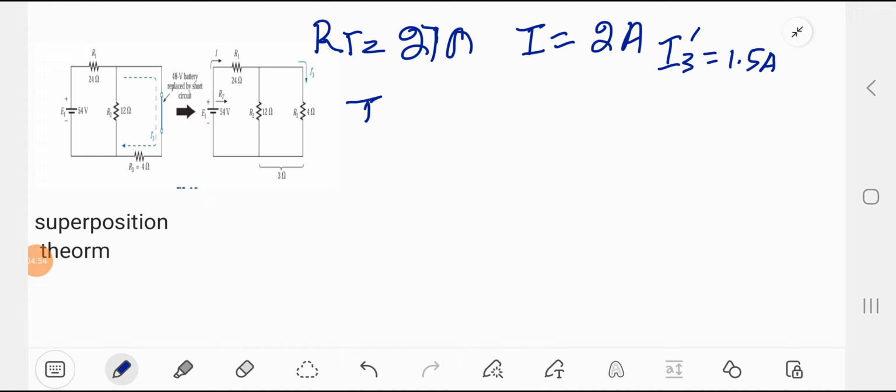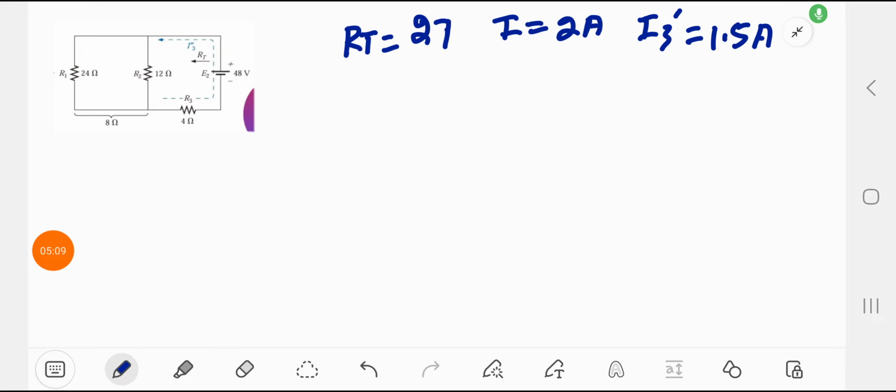Now if we remove the impact of the E1 potential and consider the E2 potential, our circuit will look like this. Now if we remove the effect of the E1 potential, our circuit is actually like this.